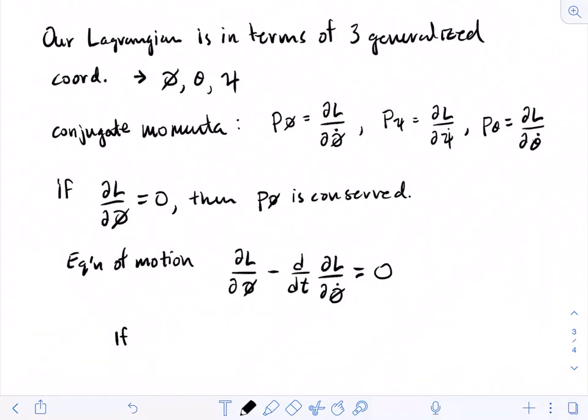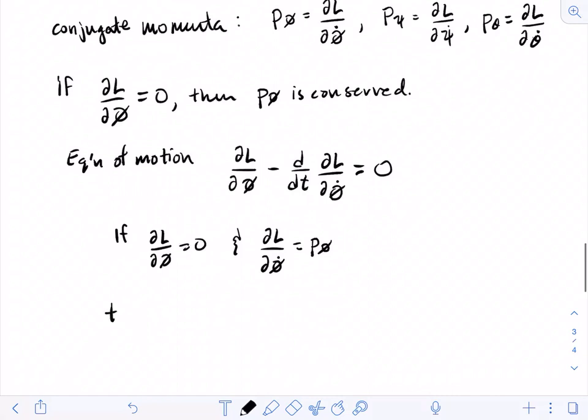So if dL/d phi is equal to 0, and we write dL/d phi dot as this conjugate momentum, then we would have 0 minus d by dt of p phi is equal to 0.